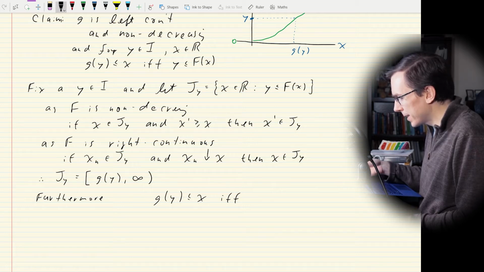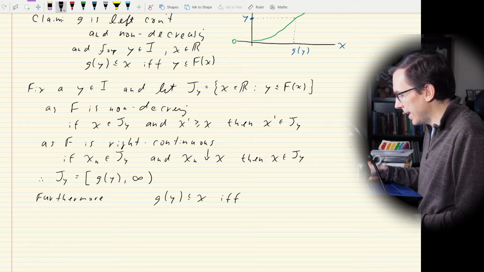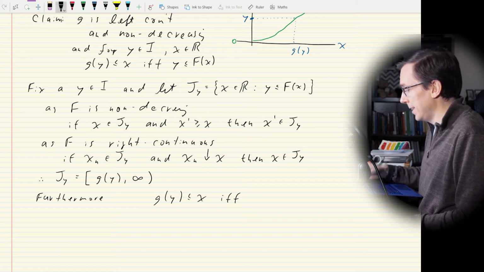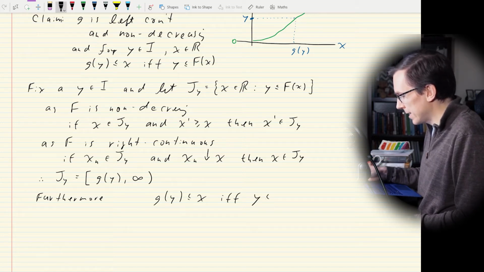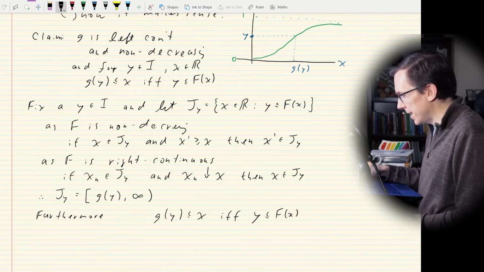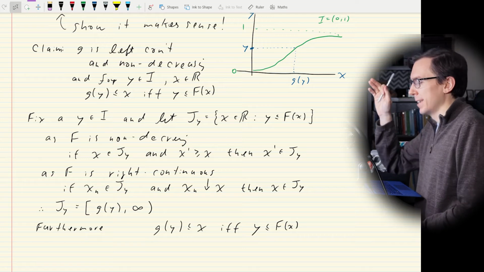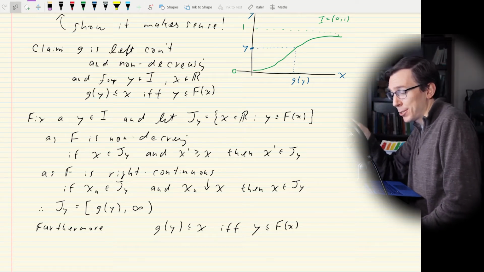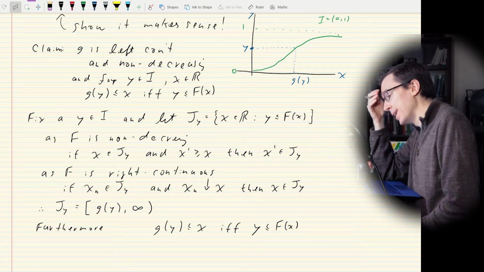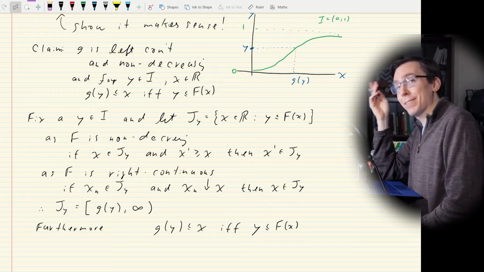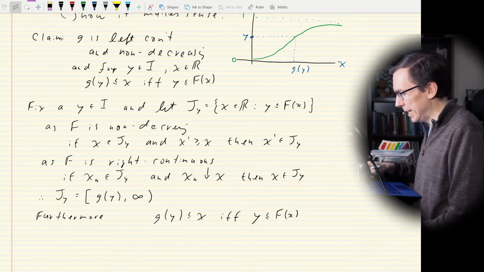I think I said that already, did I? Maybe not. gy is less than or equal to x if and only if y is less than or equal to f of x. Remember, you can kind of stare at this picture. Again, remember that f can be more complicated than this green line I drew up here in the corner. But nevertheless, it's still a good picture to keep in mind.